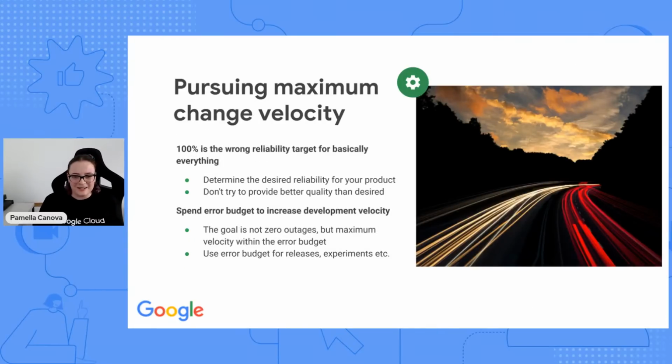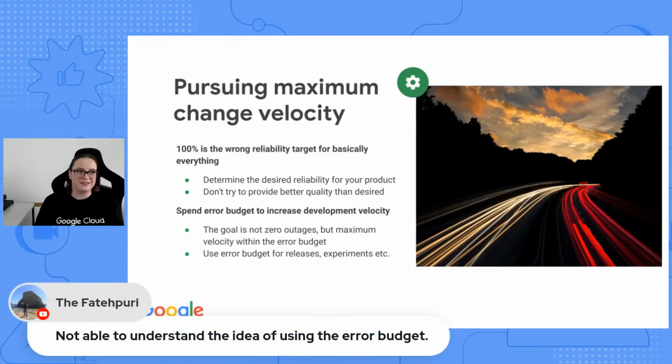Oh, I just saw a question from someone not able to understand the idea of using the error budget. The error budget is the time you have agreed to use for outages or changes. So if we have a 95% availability rate, then we have 5% of error budget.